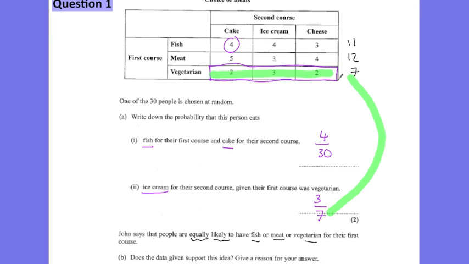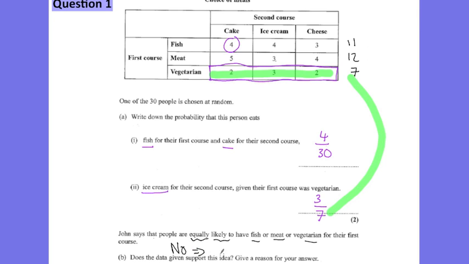Doesn't matter what they had for their second course, but John is saying that people are equally likely to have fish, meat, or vegetarian. Does the data given support this idea? No, completely not. If they were equally likely, we'd have the same number.